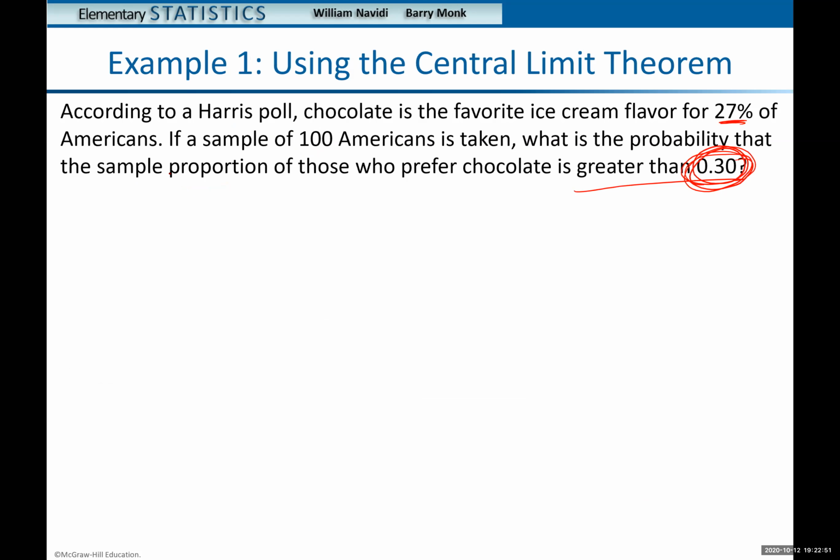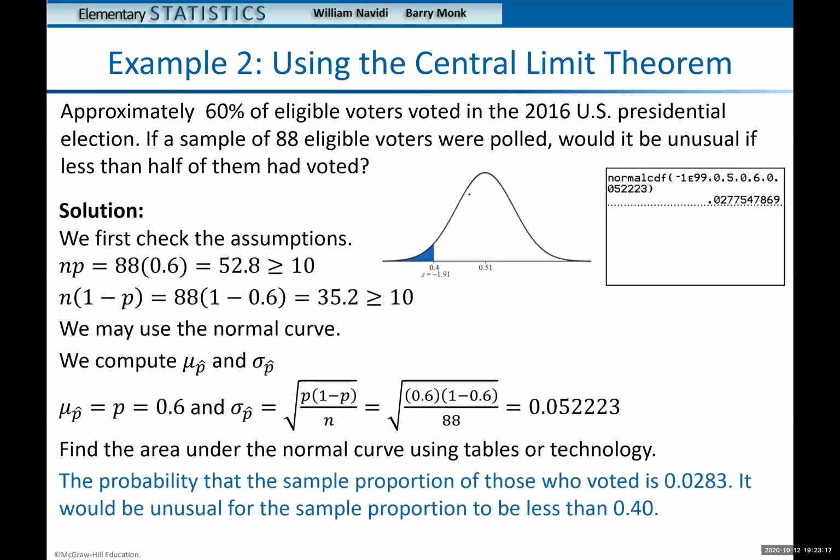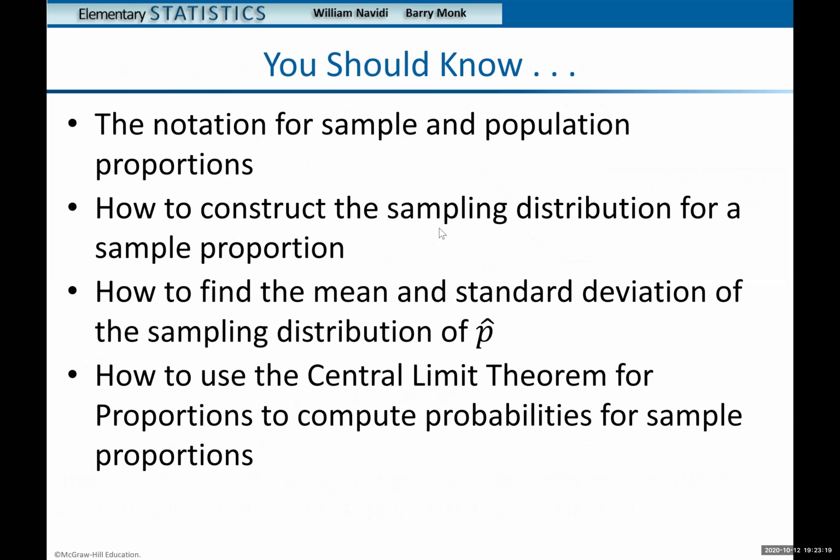So here also, look at the question: what is the probability that a sample proportion, if you see this, meaning that is 7.4. If you see from the question, what is the probability that the sample mean, meaning that is from 7.3. Okay. Got it. Thank you. So that is 7.4, and that is chapter 7.